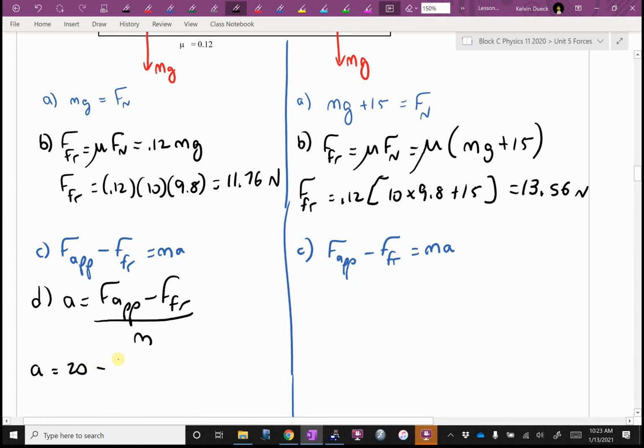We actually calculated it. 11.76 divided by, what was the mass? 10? I can do that in my head. 20 take away 11 is 9, take away 0.7 is 8.3, take away 0.06 is 8.24, so 0.824? Double check me. Yeah? That's just dividing by 10. That's not too impressive.